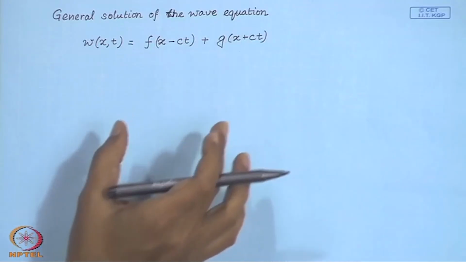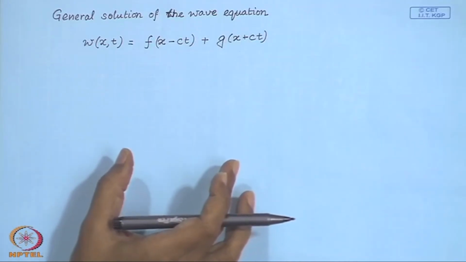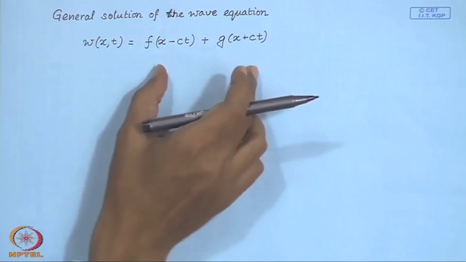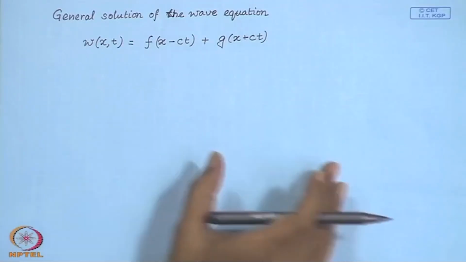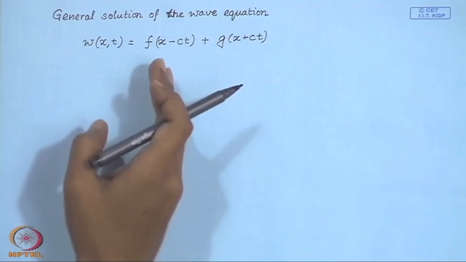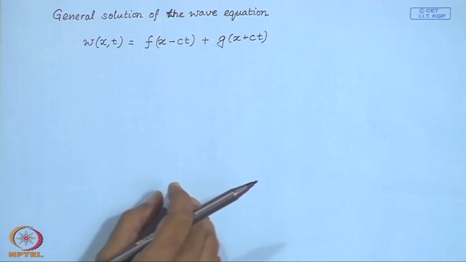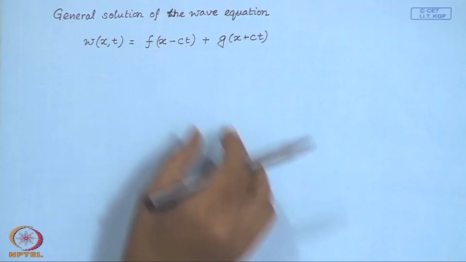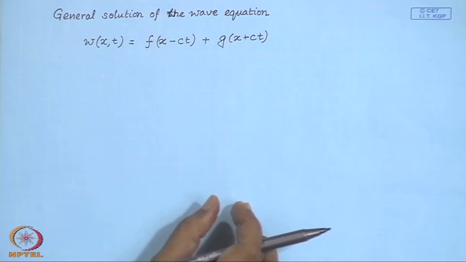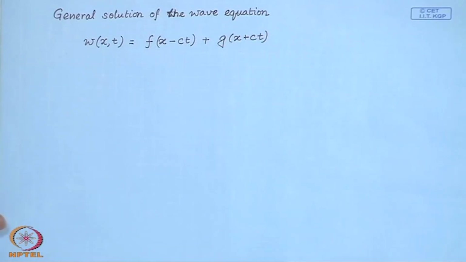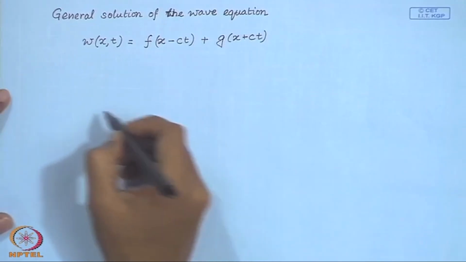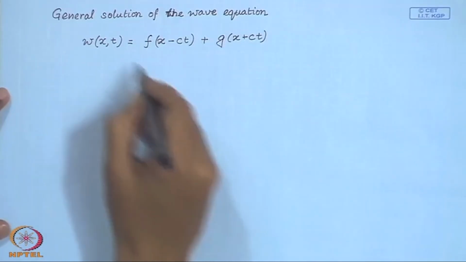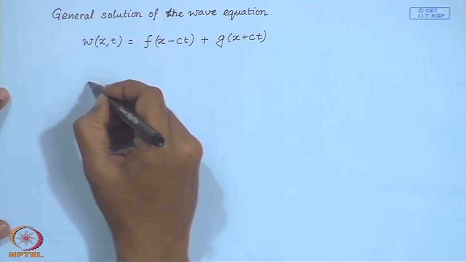So, the general solution is therefore a superposition of two oppositely travelling waves, as shown here, and both of these waves are travelling at the same speed c. Now, let us look at this situation.